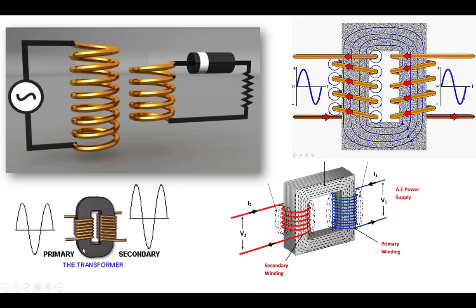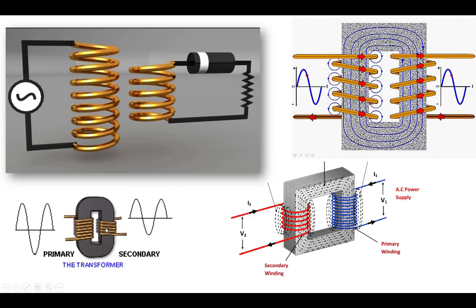We can see that happening here. We have a primary coil. The primary coil is fixed, but we see as we increase the number of windings on the secondary, the voltage goes up. When this number and this number are the same, then whatever goes in on the primary, it's the same voltage coming out.